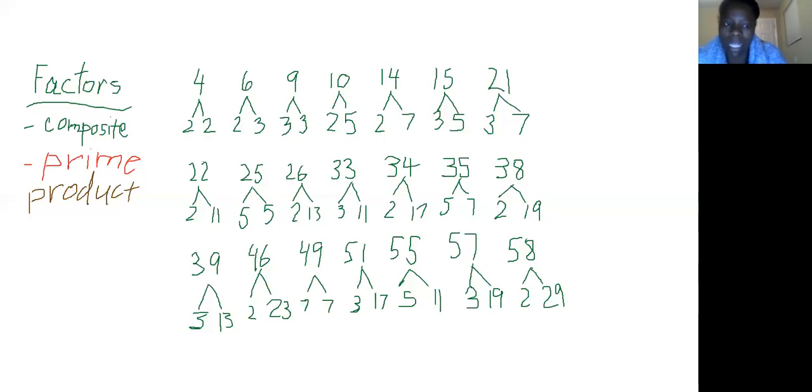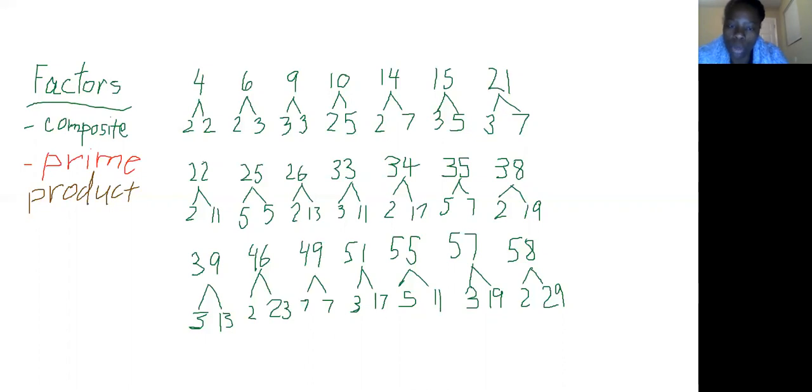Okay, I'll say that again. So factor trees are a representation of prime factors that make up a composite number. So we're looking at the composite number, the big picture on top, and then the little roots are prime numbers.